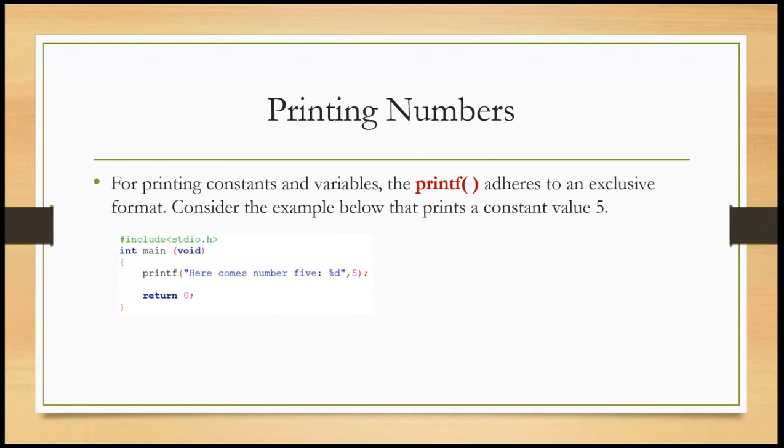Now let's see how the printf function may be used to print numbers. For printing constants and variables, the printf adheres to an exclusive format. Consider the example below that prints a constant value 5.